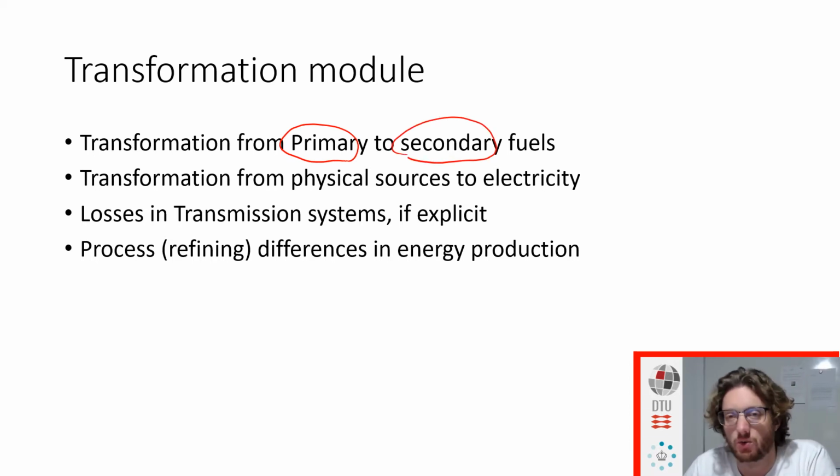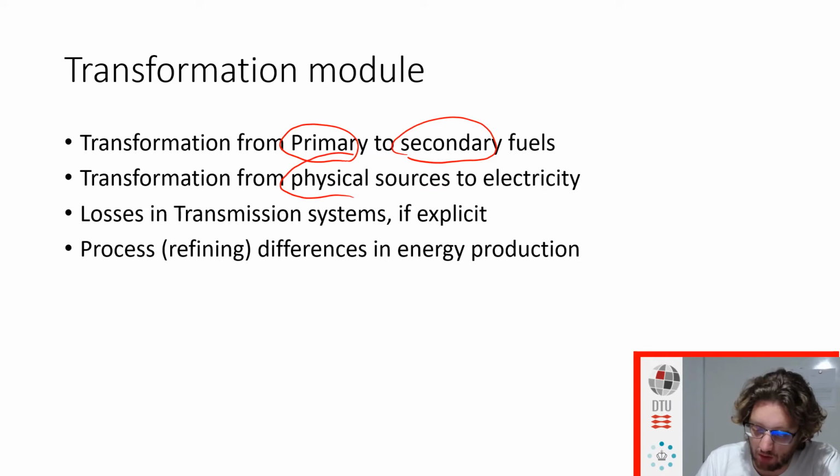So crude oil to gasoline and other oil products, maybe coal into coke, natural gas product to compressed natural gas even. That's more or less just a compression, but still something that transforms. It also transforms the physical sources like coal and oil and gas into electricity.